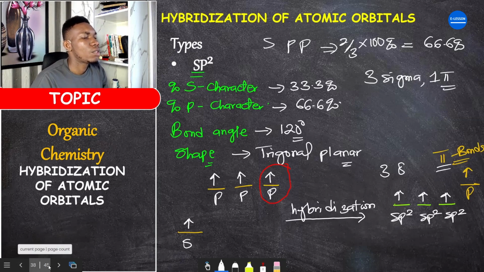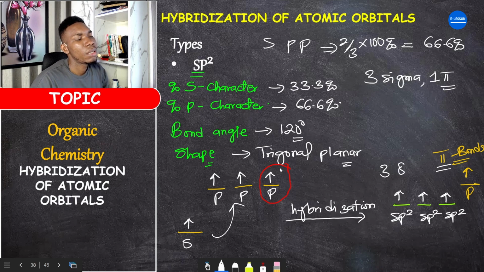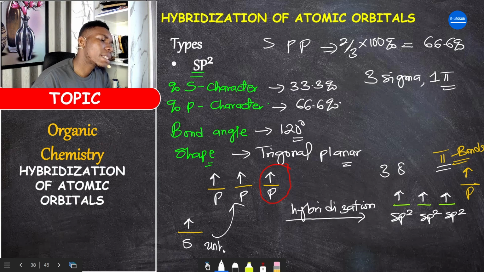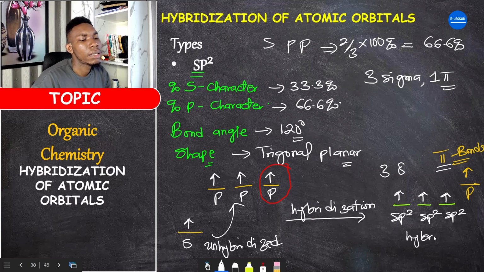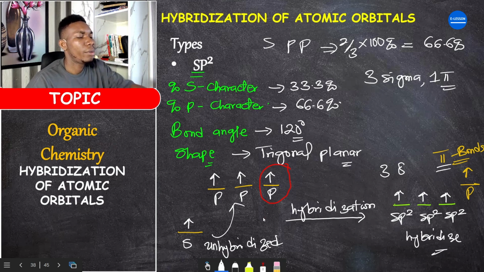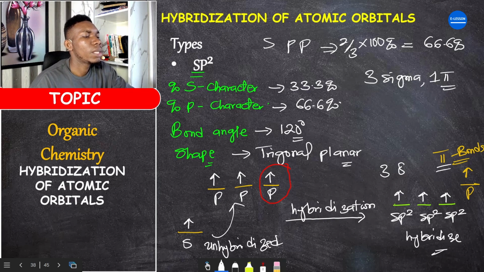All right. So we said for sp, you have 1s hybridizing with 1p. Then 1p is unhybridized, which we kept here. So these ones, they are the unhybridized atomic orbitals. Then hybridization took place, and then here you have the hybridized, and then you also have one unhybridized atomic orbital.